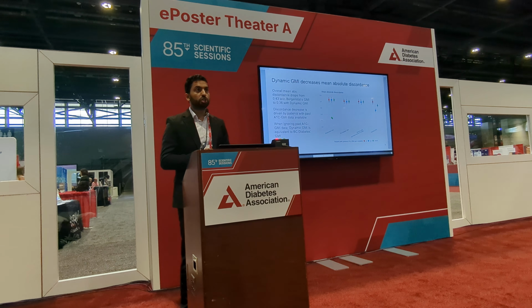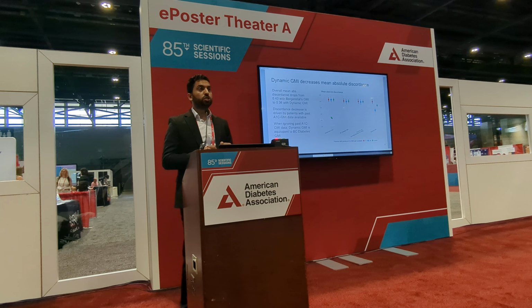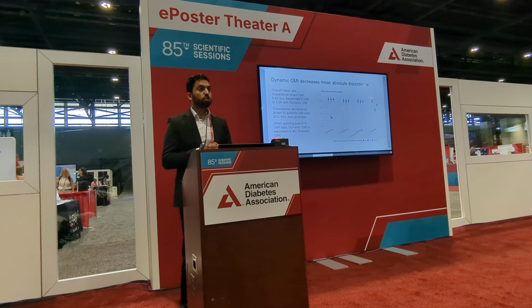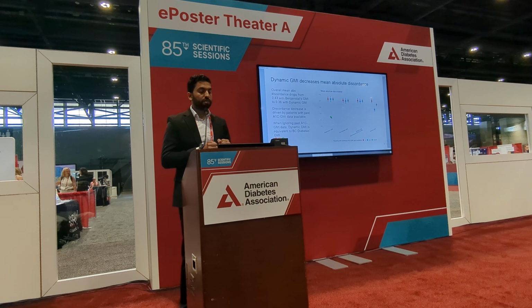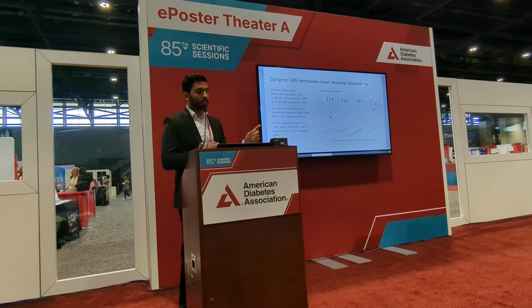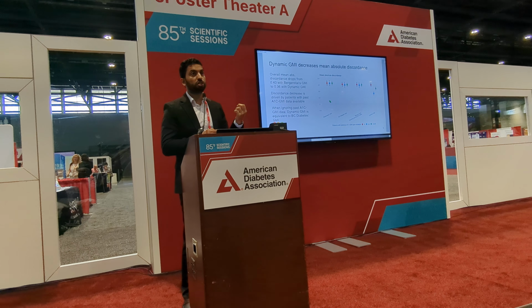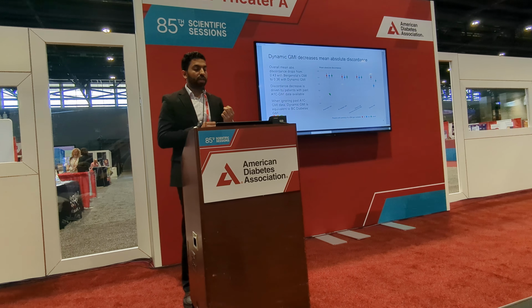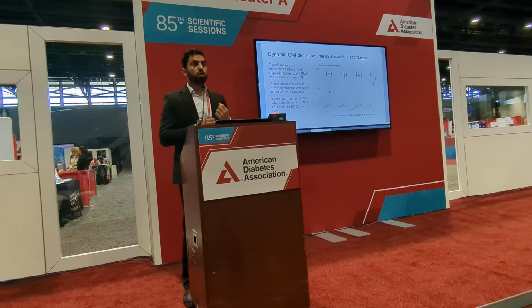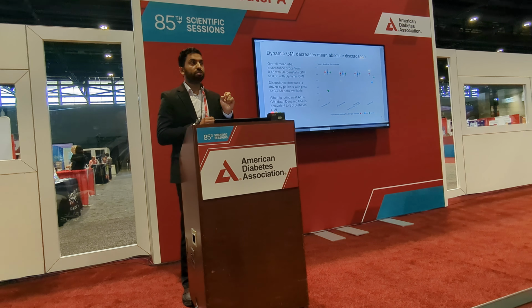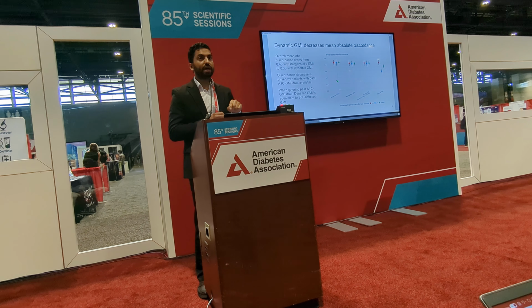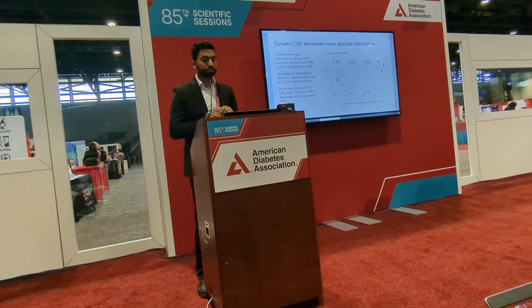The dynamic GMI was able to decrease the mean absolute discordance significantly. As you can see, in those people who have past A1C GMI data, the mean absolute discordance was reduced from 0.43 to 0.36 overall. And that was driven mainly by those who have past A1C GMI discordance.